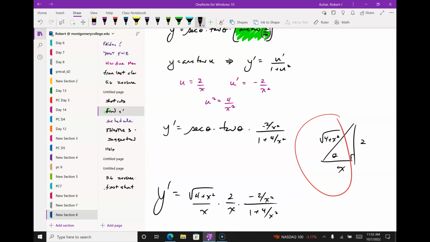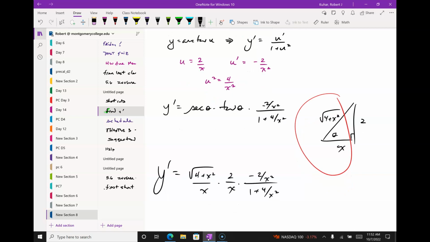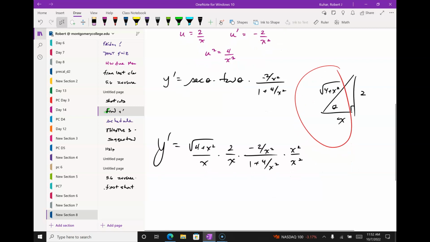And on that one, I'm going to clear out fractions with an x squared over x squared. Don't let me lose you here. We're okay here? So it looks like I can simplify a little bit. 2 square roots of 4 plus x squared over x squared.